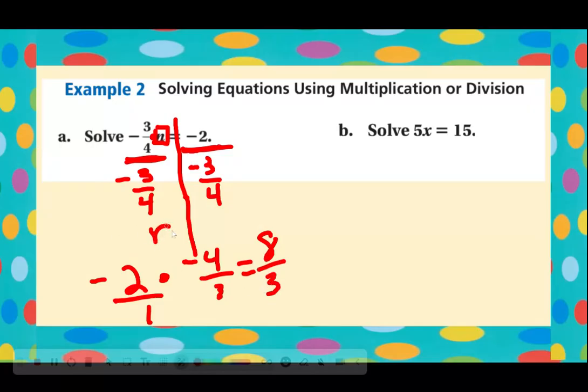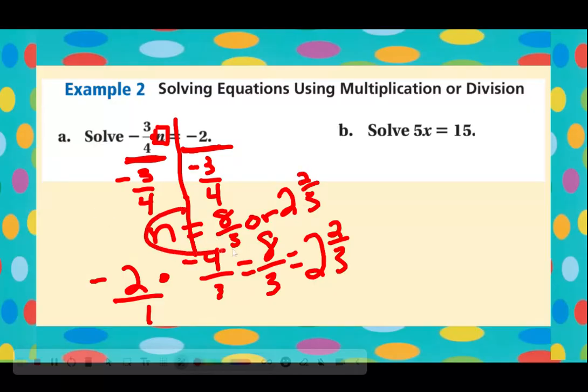So n equals 8/3. Or we can change it into a mixed number. So 8/3, 3 goes into 8 2 times, and 2/3 left over, okay? So 8/3 or 2 and 2/3, either way.